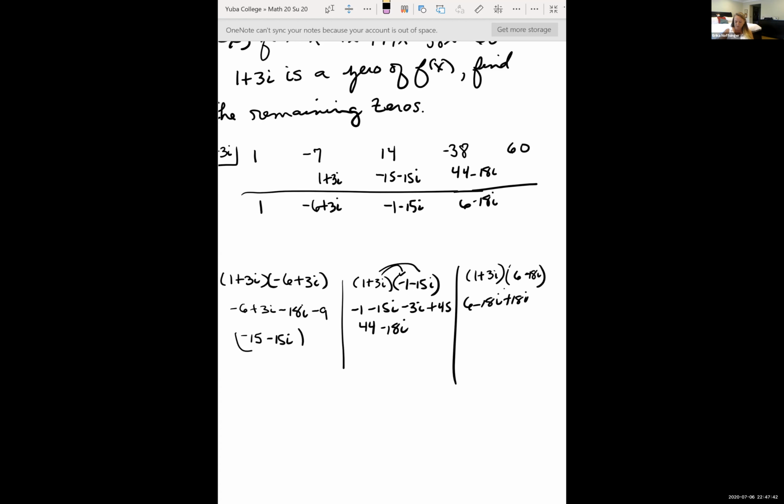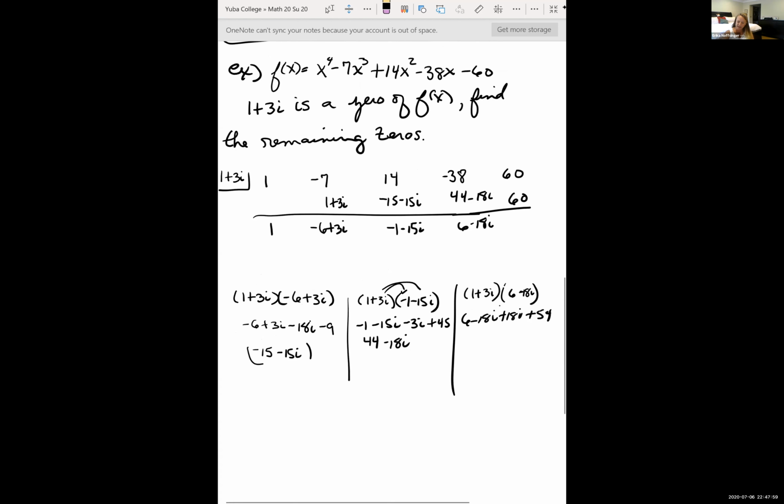That's -54i squared, so that's a positive 54. 6 plus 54 is 60. Did I write that down wrong? Should that be minus 60? Yay, this I should have copied as minus 60. And this is 0.